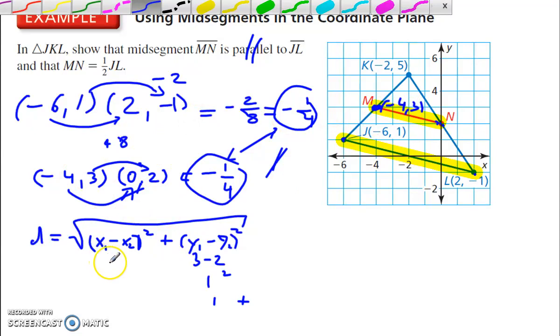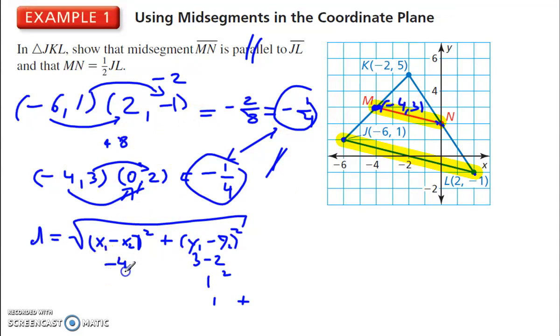So -4 minus 0 is -4. Square that and we get 16. 16 plus 1 is 17. That is radical 17. So the distance MN is radical 17. Now we want to do the same thing for JL.